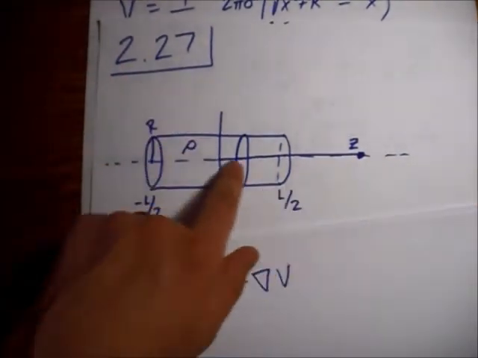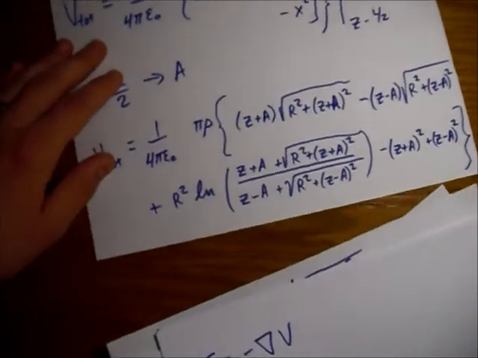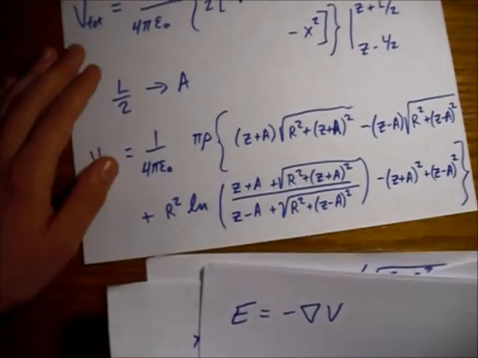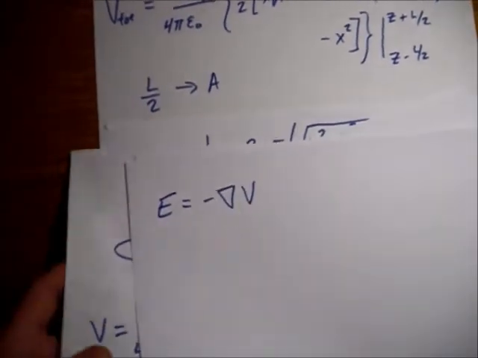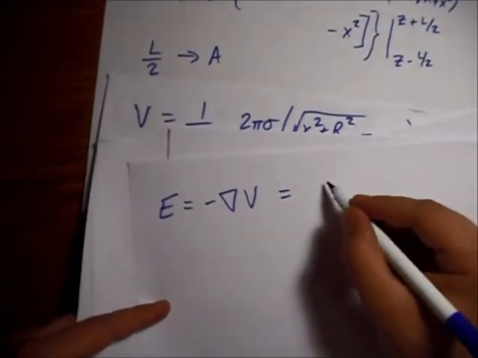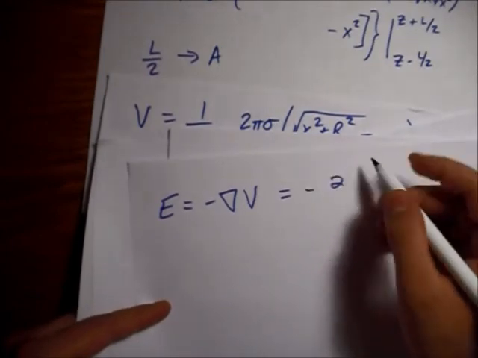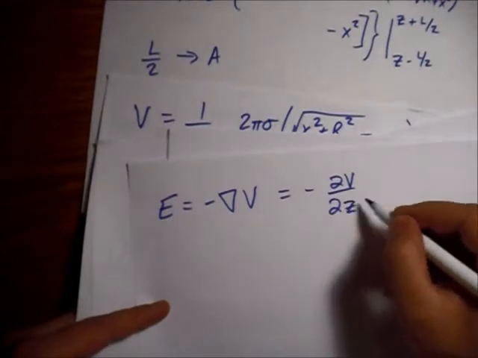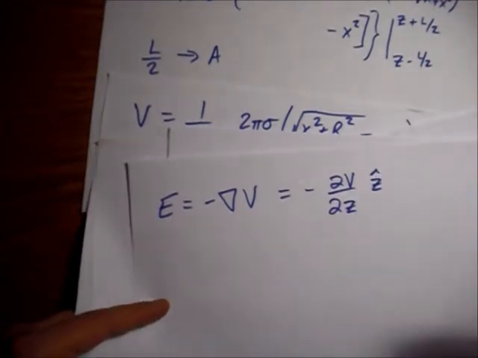I guess we'll call this, since z is the variable that we have left in our potential here. So we'll be taking minus the derivative of our potential with respect to z, in the z hat direction.